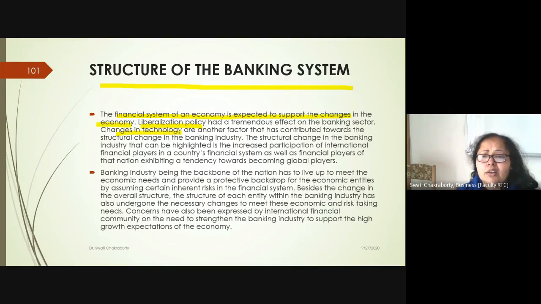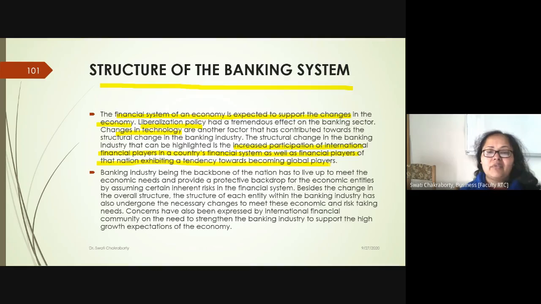This structural change can be highlighted by the increased number of international financial players in any country's financial system, as well as the financial players of that nation showing a tendency towards becoming global players.